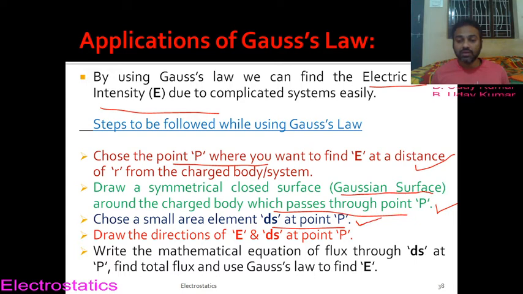Then you have to draw the directions of electric field intensity and also the area element that you have chosen at point P. Once the construction part is over, you directly apply the formula for the flux passing through the small element, and on integrating it and doing some little mathematics, you can easily find the electric field intensity due to the system of charge that has been given to you.